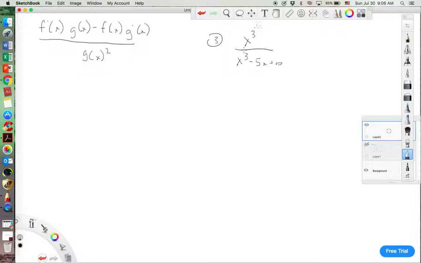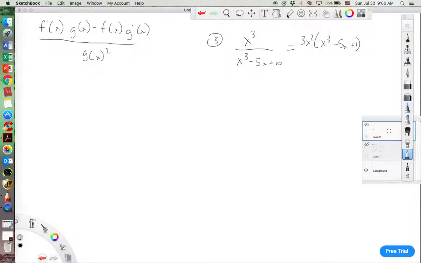And so we have two simple functions. We're just going to take the first derivative of this top part here, 3x squared, and multiply that by the bottom part, x cubed minus 5x plus 10.